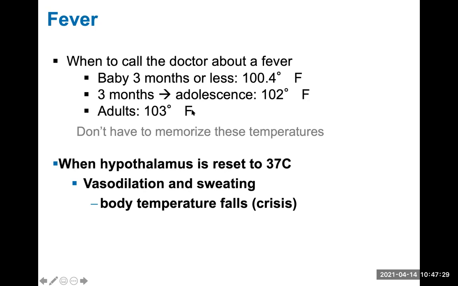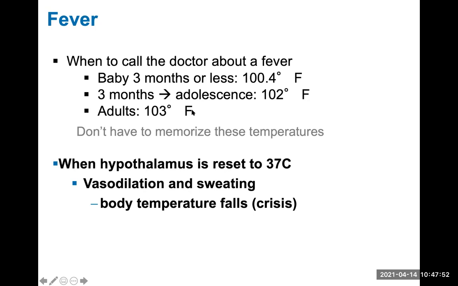Okay. So babies 3 months and younger are very sensitive, and they should not ever have a fever above 100.4. So if you have a baby 3 months or less and their fever starts to get to 100.4, you should immediately call the doctor and find out what they advise.